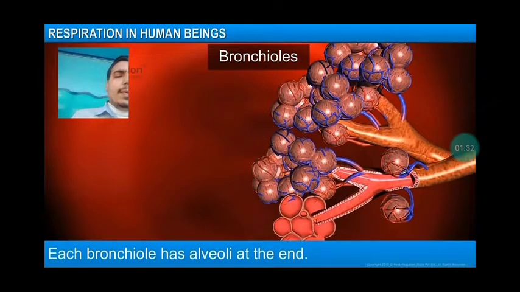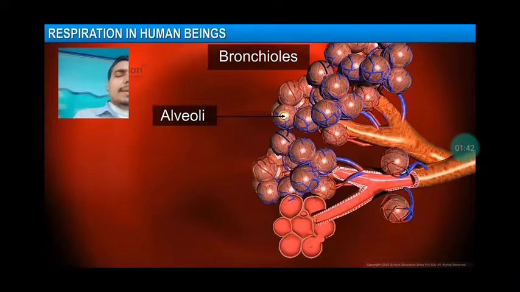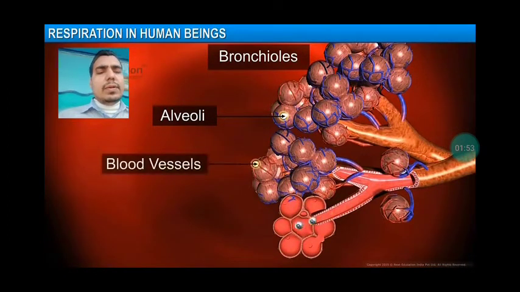At the end of each bronchiole, you will find balloon-like structures called alveoli or air sacs. The alveoli provide a surface for the exchange of oxygen and carbon dioxide. The walls of the alveoli contain a massive network of blood vessels.